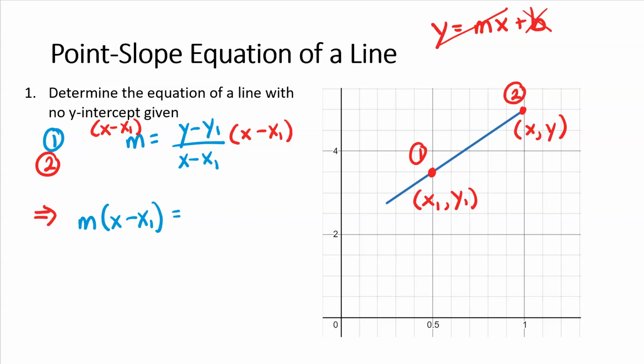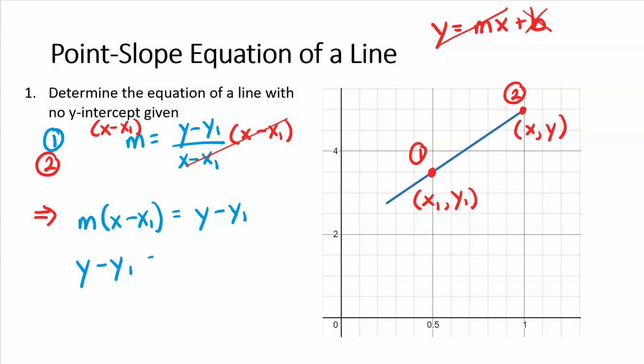On the right side, the x minus x1 on the top divides by x minus x1 on the bottom. Any number divided by itself is 1, so that just goes away. So on the right side, you're left with y minus y1. And I'm just going to flip the equation so that I'll have the y's on the left side.